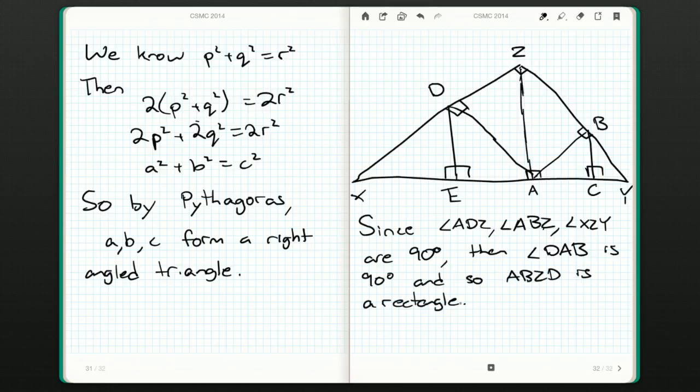Okay, does that help us? I don't know, but it's definitely there.